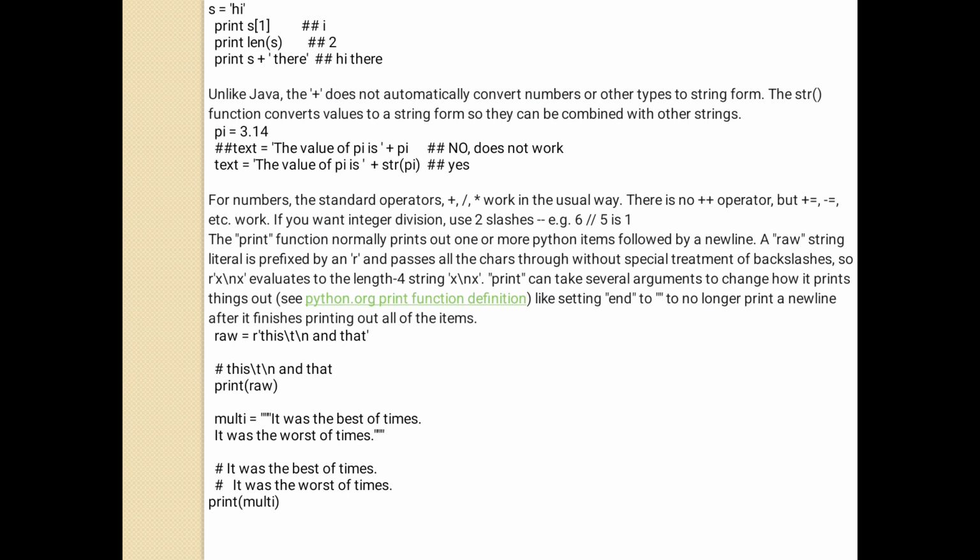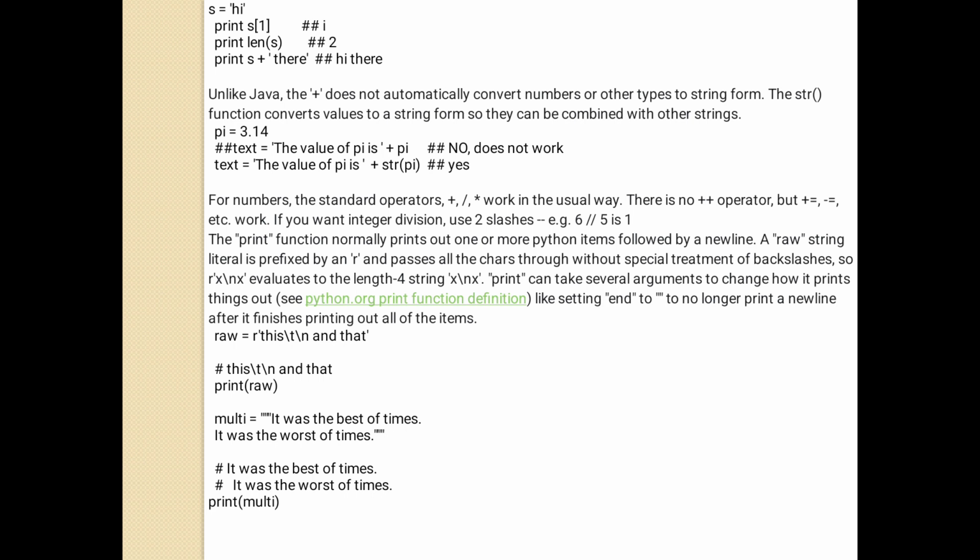The str() function converts values to a string form so they can be combined with other strings. Pi is equal to 3.14. text is equal to 'The value of pi is ' plus pi, which is an error. text is equal to 'The value of pi is ' plus str(pi), which works.